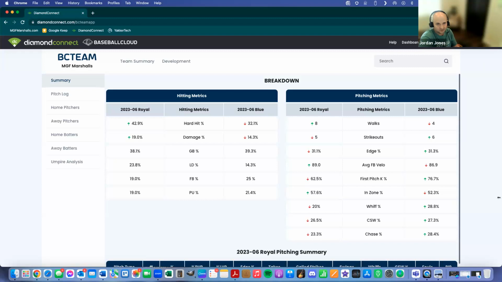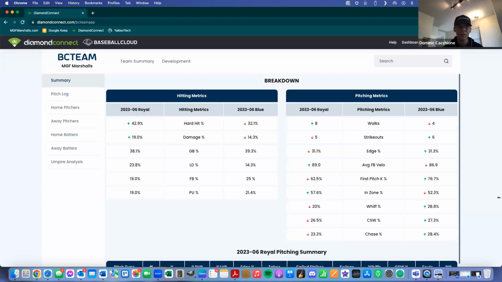Damage percentage is a mix between your hard hit percentage along with the direction of where it's hit. Directions are on the Acrotech as well. I think the zero line is straight through center field, that's 0 degrees. Damage percentage is an algorithm between the direction the ball's hit, like in a gap, along with the launch angle and the distance as well.